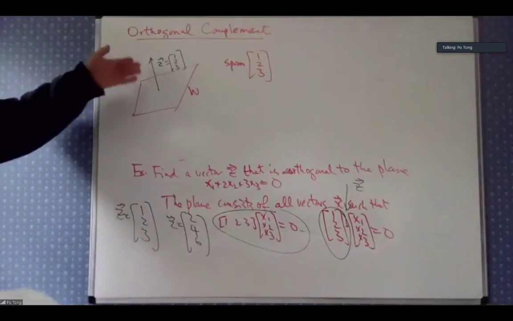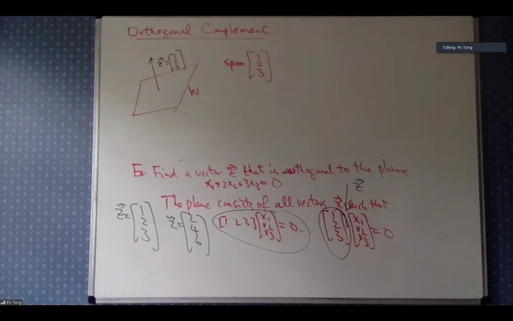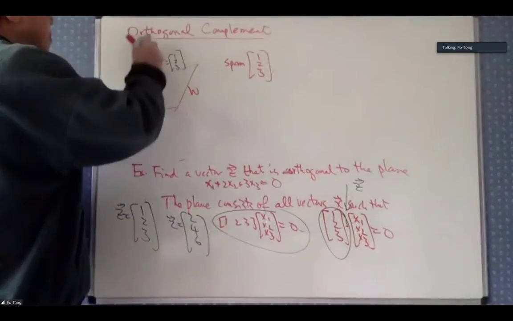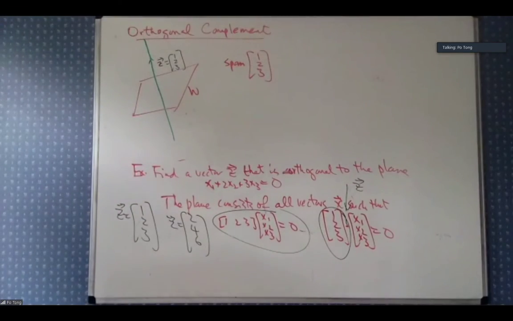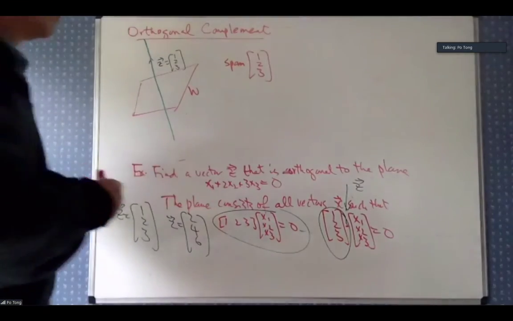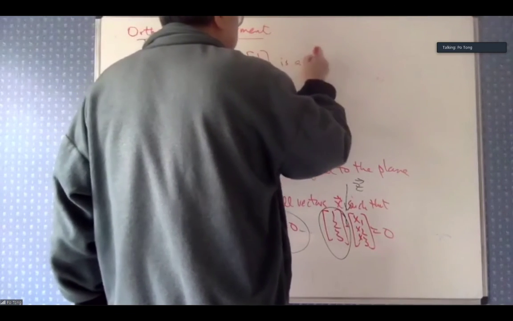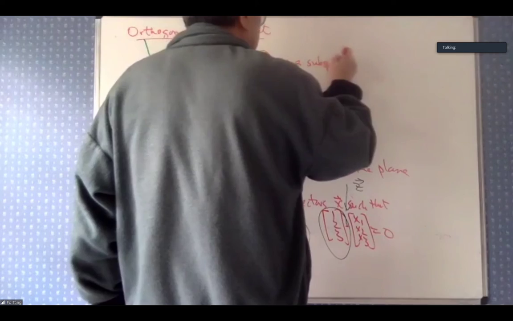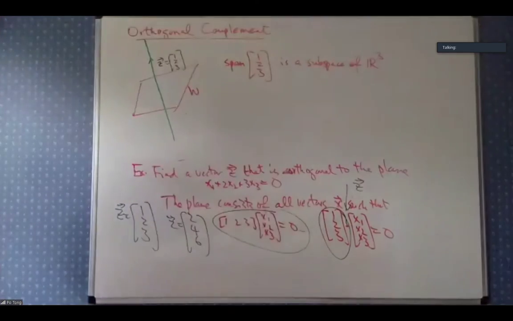It's just the entire line, right? It's the entire line. This is the line. This guy is also a subspace. For this example, it's a subspace of R3.